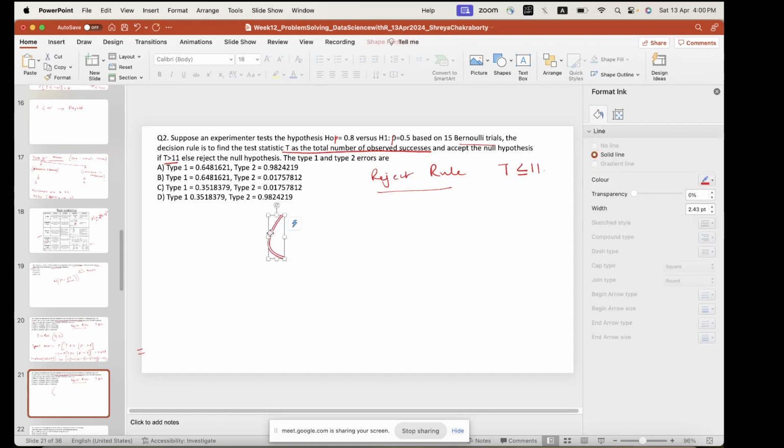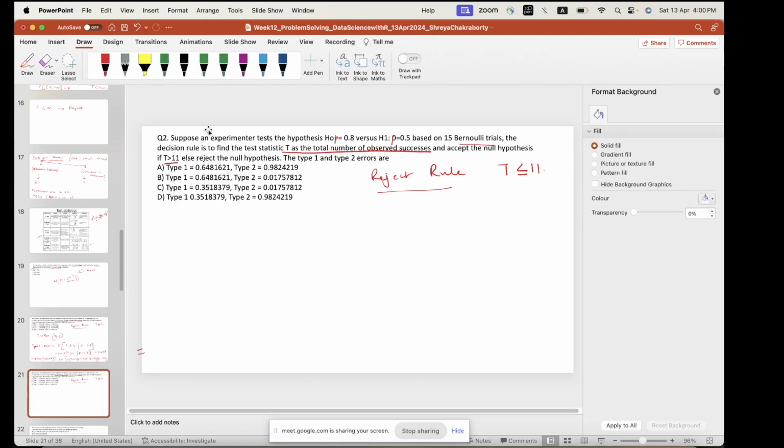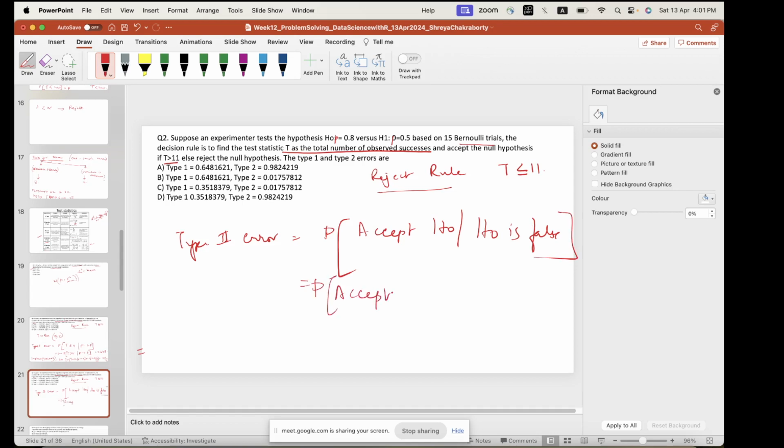So here again, type 2 error probability is probability accept H naught given H naught is false, or in other words, probability accept H naught given H1 is true.